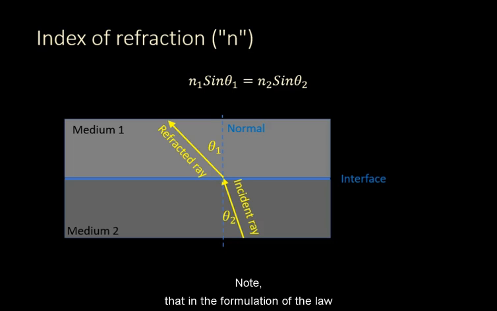Note that in the formulation of the law, the direction of light is not specified, hence it is arbitrary, which we call the incident or refracted ray. From here onward, we will just index them by number.